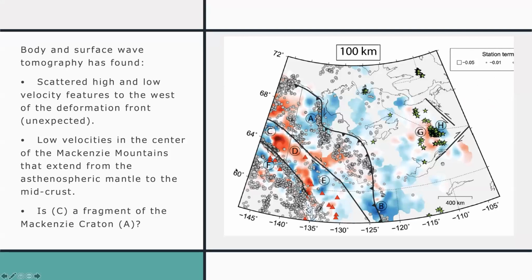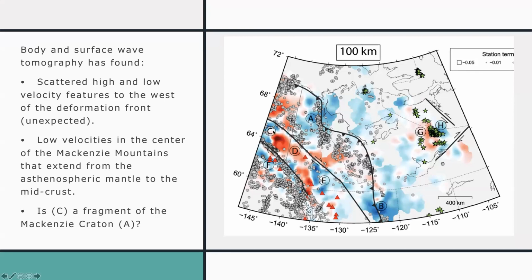So what we found so far is that body and surface wave tomography has shown scattered high and low velocity features to the west of the deformation front, which was unexpected. Low velocities in the center of the Mackenzie Mountains and often off towards the west.